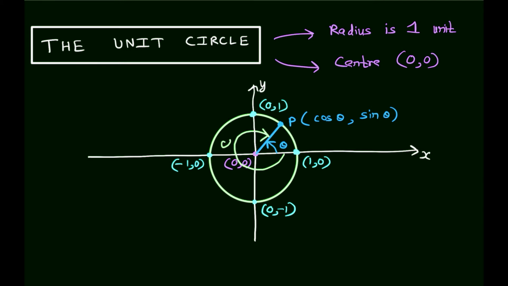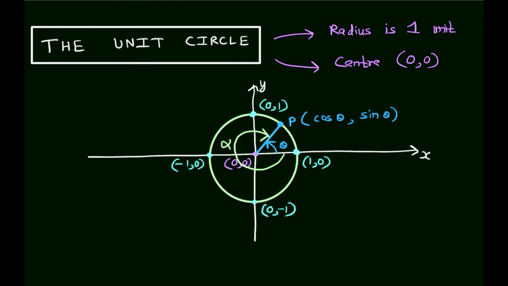So let's say this angle is alpha. In both cases, the coordinates of this point will be represented by the cosine of the angle. The angle can be either anti-clockwise or clockwise. It does not matter. Both will give you the same answer.